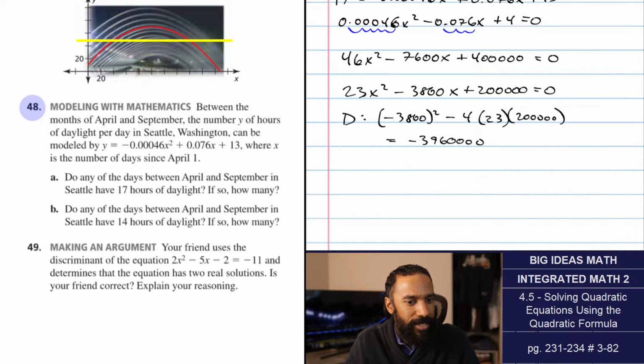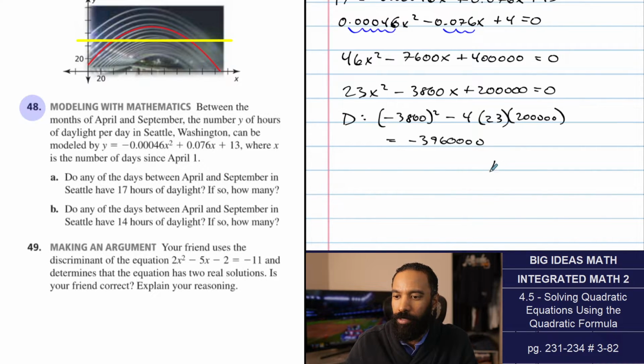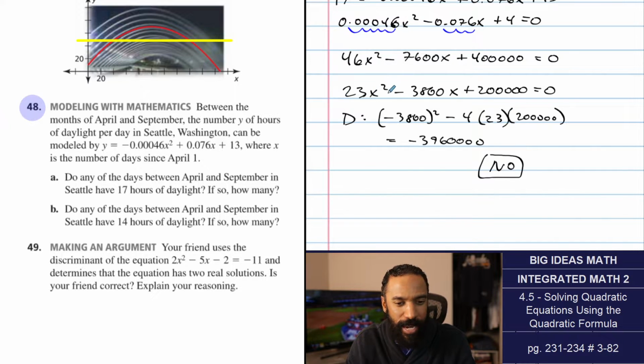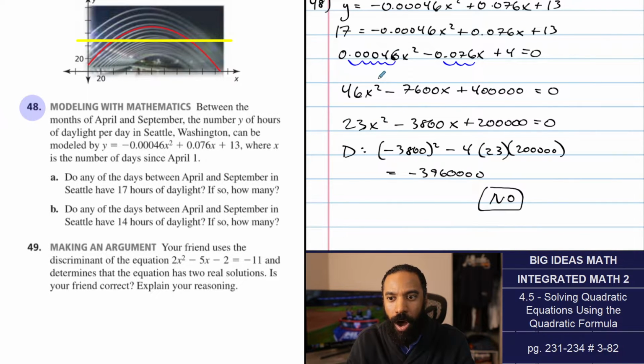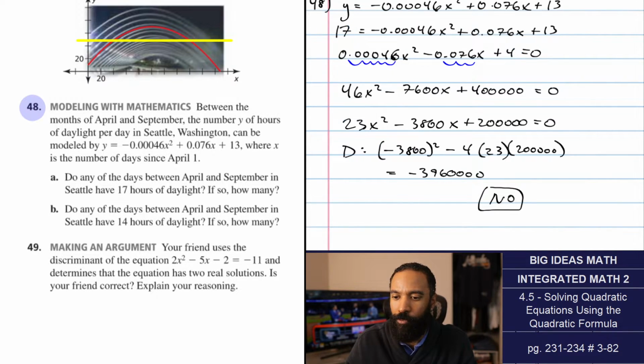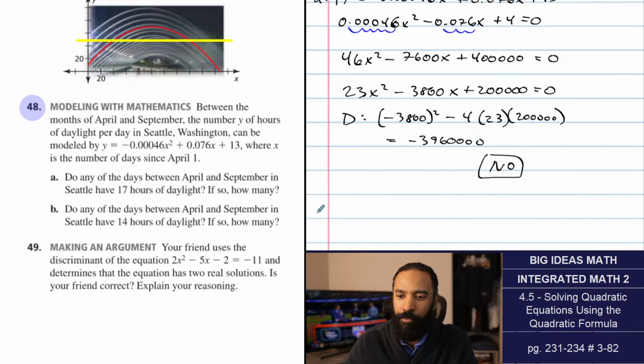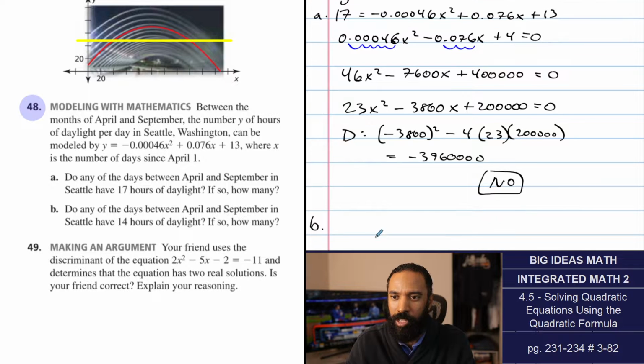So what are they asking? Do any of the days have 17 hours of daylight? No. Do any of the days have 14 hours of daylight? All right. Well, all that extra work would turn 17 into a 14. So for part A, here's that. For part B, it's not going to be much different actually.